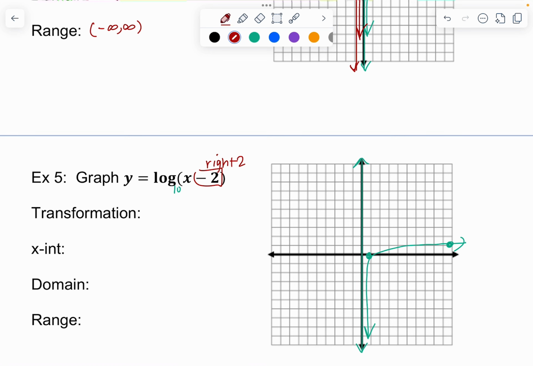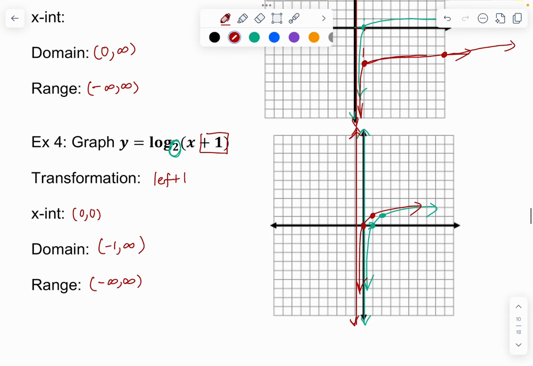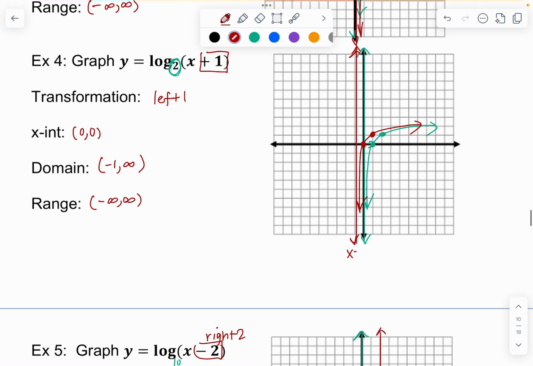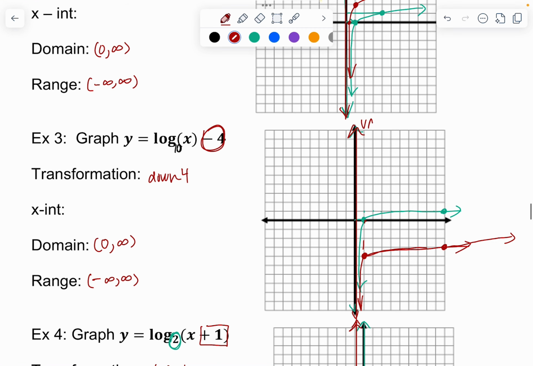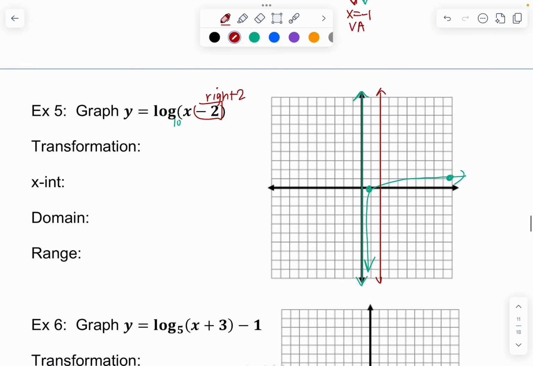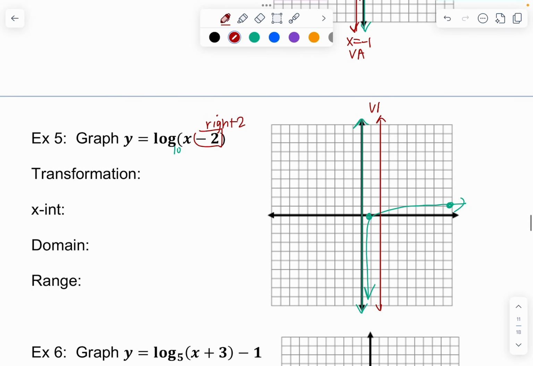And then now that we're moving right 2, the vertical asymptote is now at x equals 2. And so I should be writing these in. X equals negative 1 is the vertical asymptote. Here, our vertical asymptote each time was still x equals 0. And so now our vertical asymptote is x equals 2.